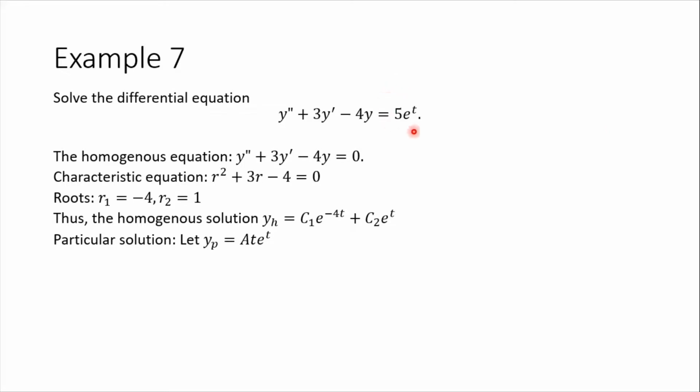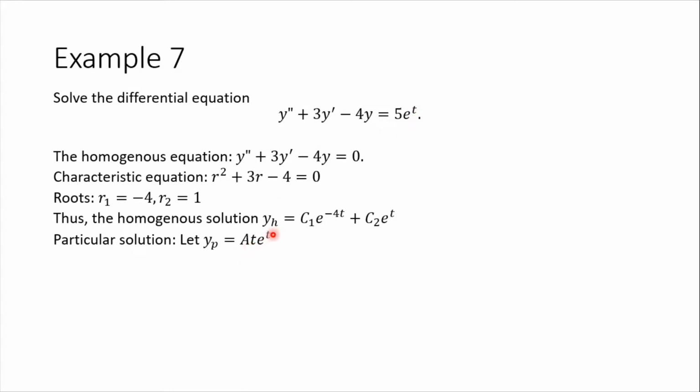Now, this is on the right hand side, the function which is equal to bt, right? So originally, we have to assume that yp is supposed to be a constant times e to the power of t. Originally, that is the assumption.